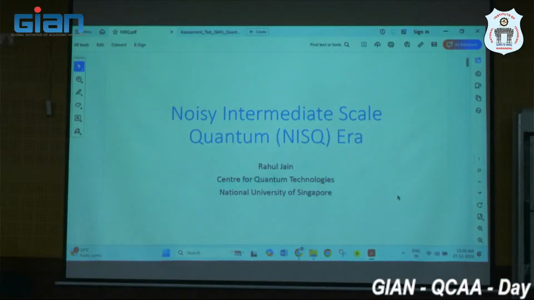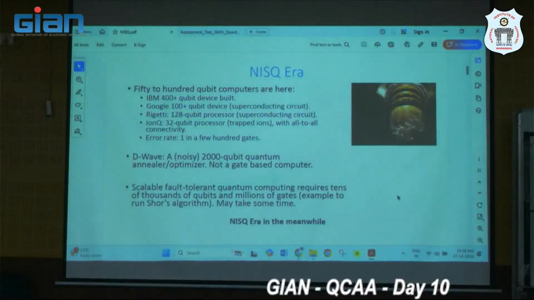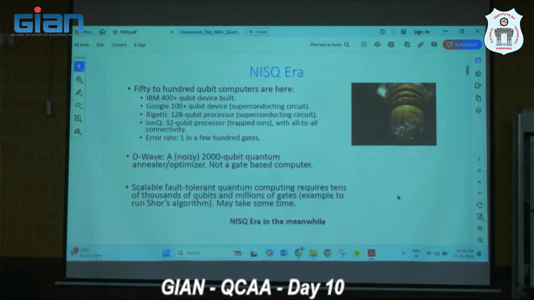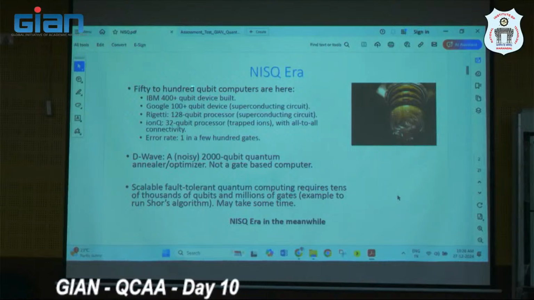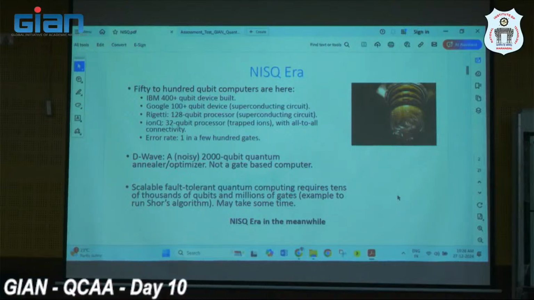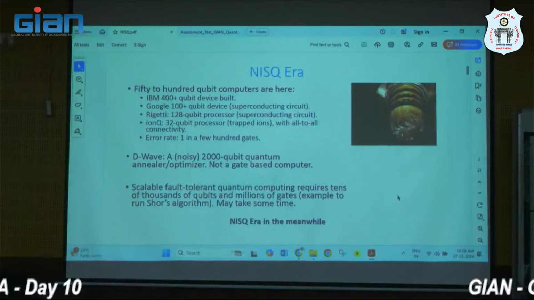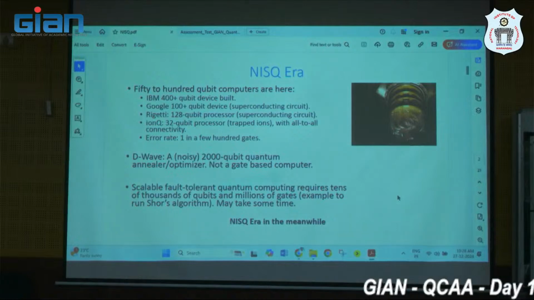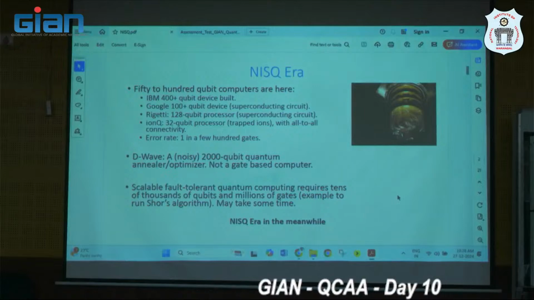What does that mean? Currently we have several companies: IBM, Google, Rigetti, IonQ, Quantinuum, Huawei, Tencent, and even publicly funded institutes.